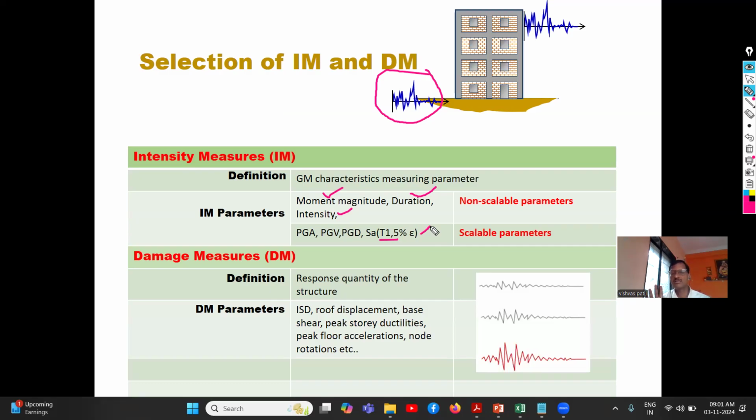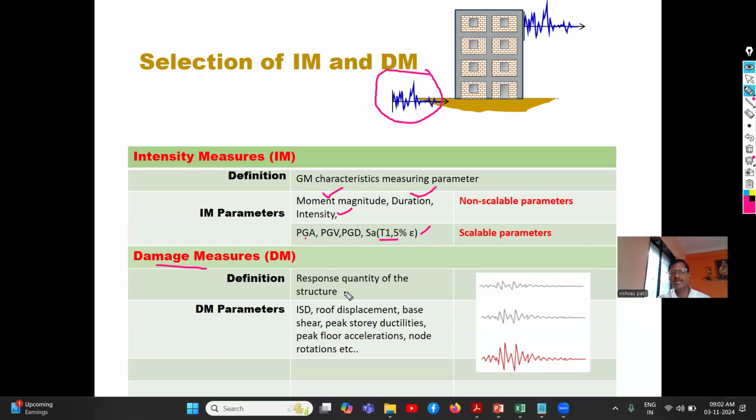If the structure is torsion dominated, where higher modes are also important and must be taken into the analysis, then PGA, PGV, PGD will be the right choice. Whichever intensity measure we select, there should be a proper reason why. So the user must deeply know each and every parameter and why it was selected for the analysis. The same applies for the damage measure.